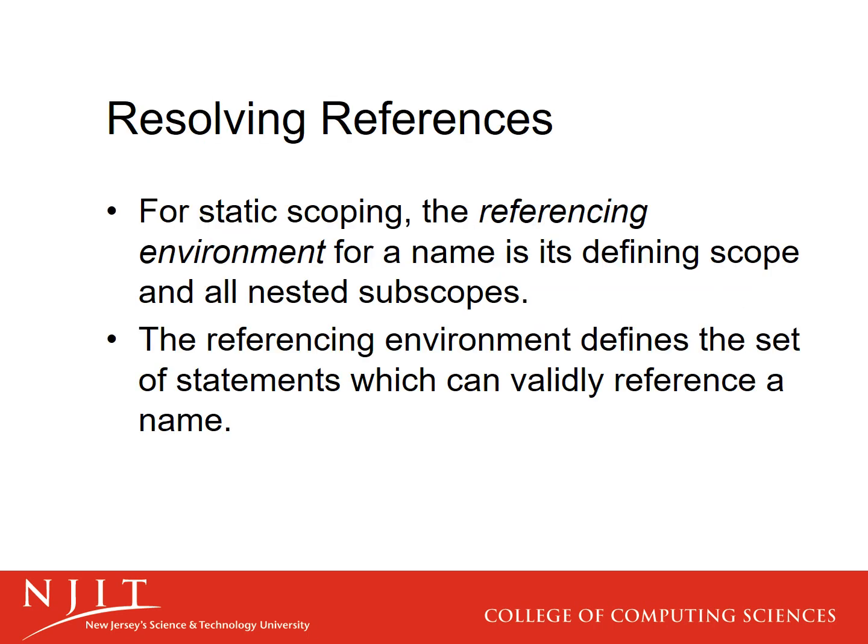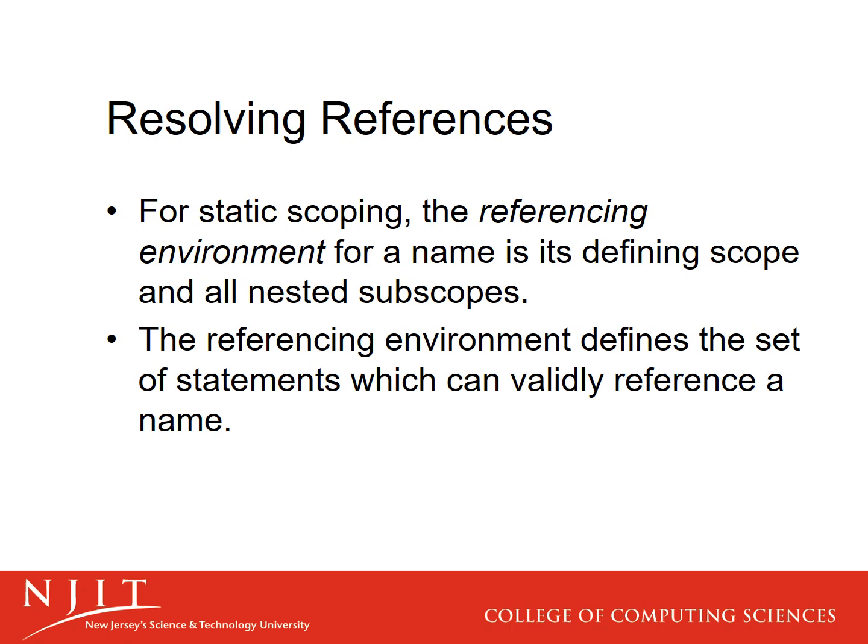When we talk about static scoping, we talk about the referencing environment. The referencing environment for a name, that is to say, the place where a name is visible, is the scope in which it's defined and all the nested scopes underneath it.